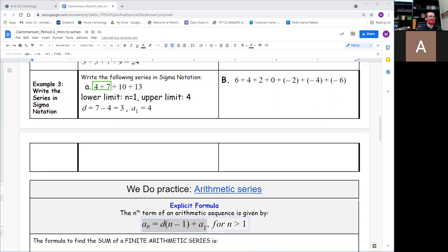Usually subtracting the first two is probably the easiest, but sometimes you might want to choose a different pair. 7 minus 4, always the second one minus the first one, gives us 3 down here. Then I have my a sub 1, which is always just the first term. So whatever my first number is. Since the first number is a 4, my a sub 1 is a 4.